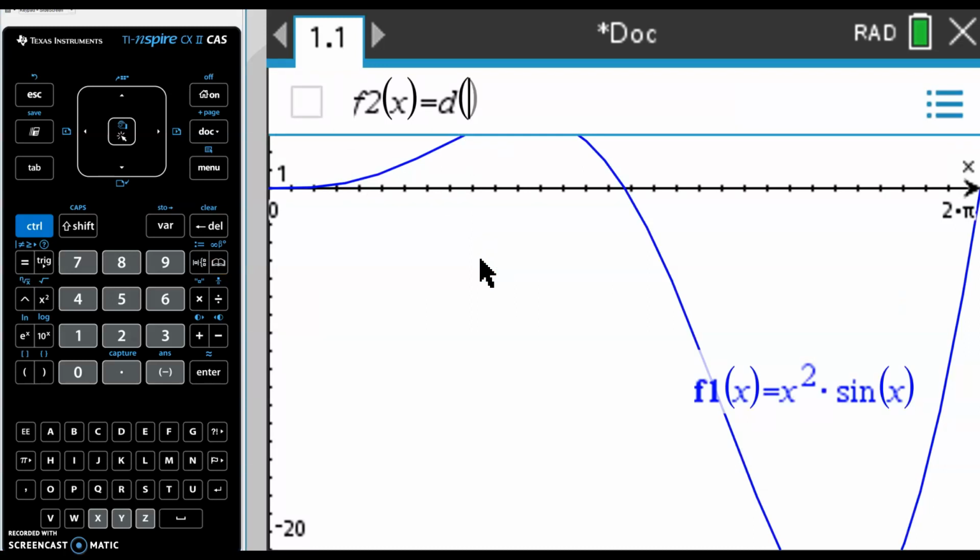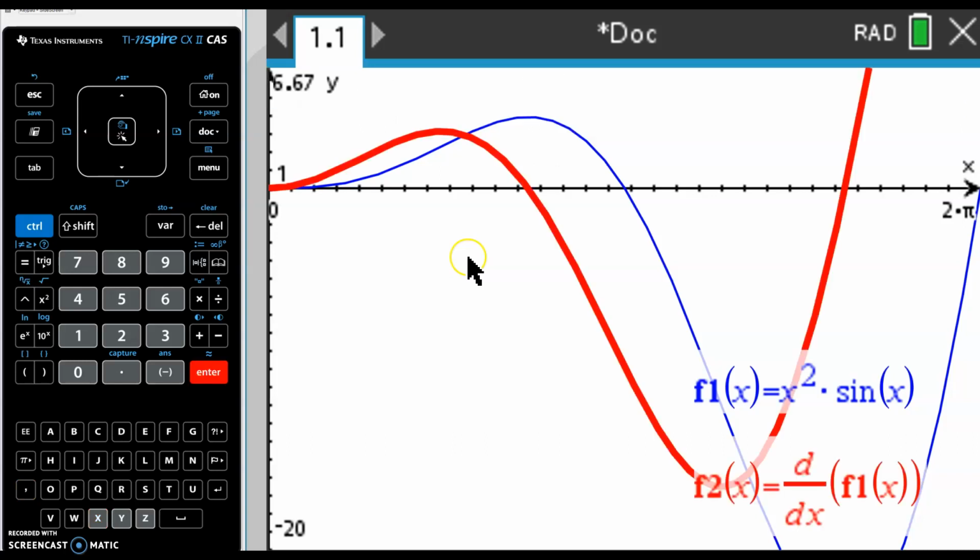So it's going to take the derivative of what you tell it to. And we could type the function in again, but why do it when we've already done it once? So I'm just going to put f1 of x, which is what it is, where our function is, comma x, because it needs to know what it's taking the derivative with respect to. Bam, and there's our derivative graph. So that takes care of A.